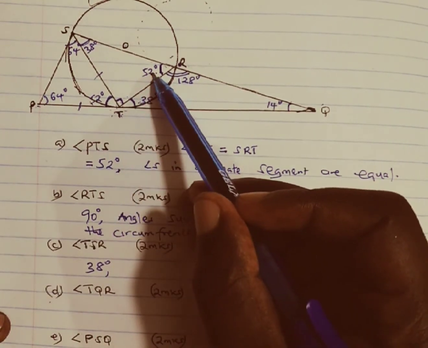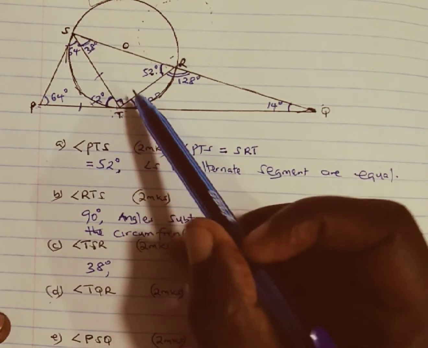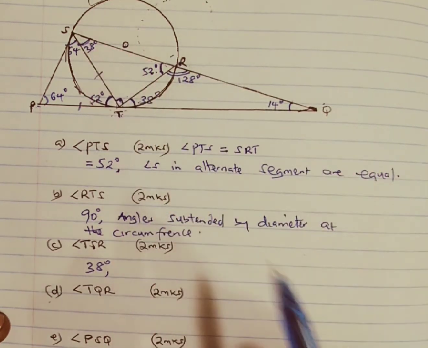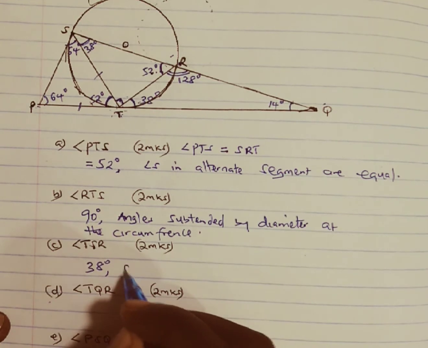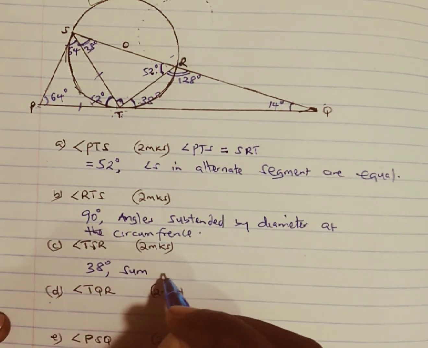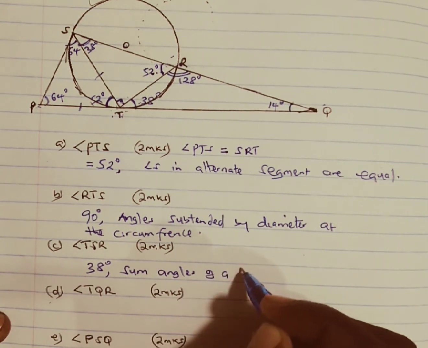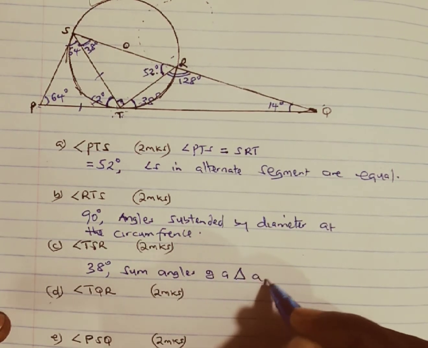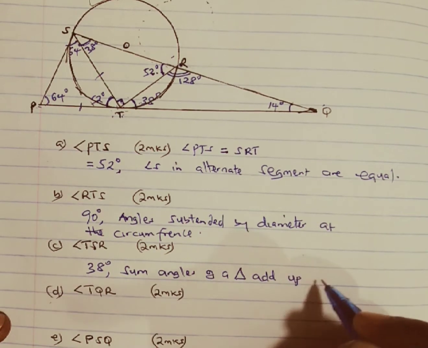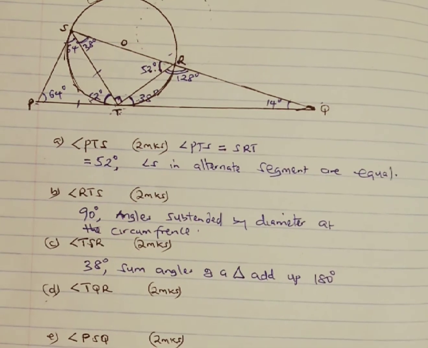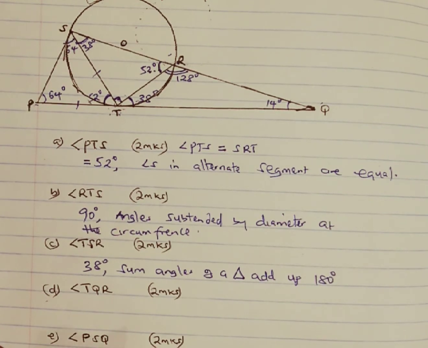Because when we took 52 plus 90, then we subtracted from 180, we remained with 38. And therefore we can say that the sum of angles of a triangle adds up to 180 degrees.